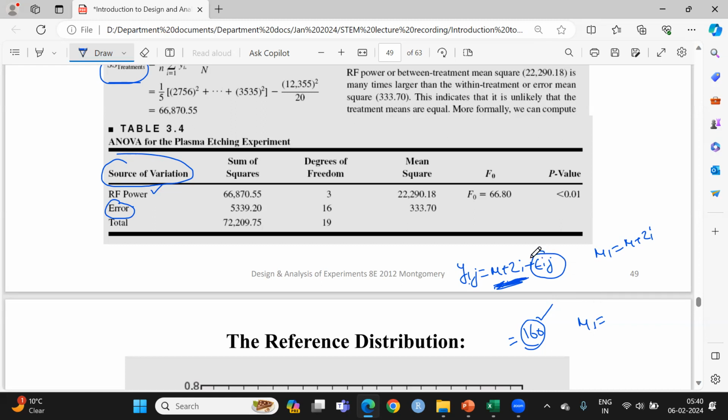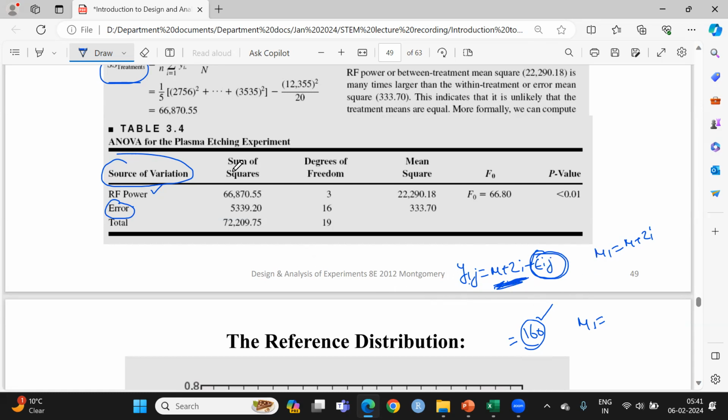That variation comes under the error term. I think the idea is clear. Using the same power will not always lead to the same value of the response variable y, so there must be variation between them.